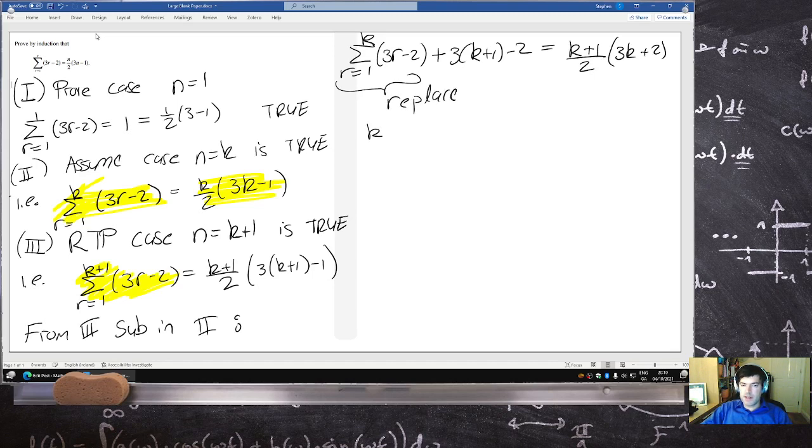So this here we want to replace. So we get k over 2 times 3k minus 1, plus 3k plus 3 minus 2, so that's plus 1, and that's equal to k plus 1 over 2 times 3k plus 2. Any cancelling?